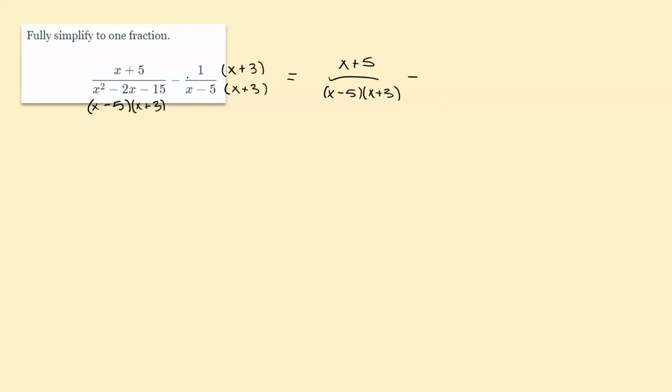So then we have 1 times x plus 3. And then our common denominator. So now I want to distribute the negative as well. And now I can go ahead and combine into one fraction.